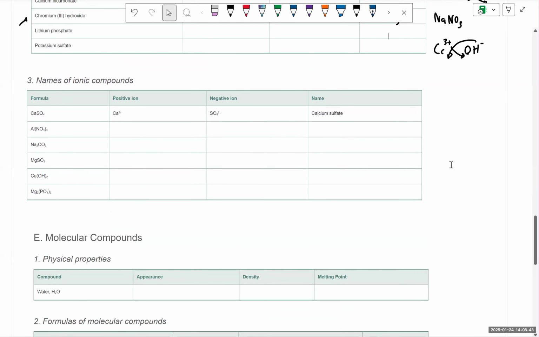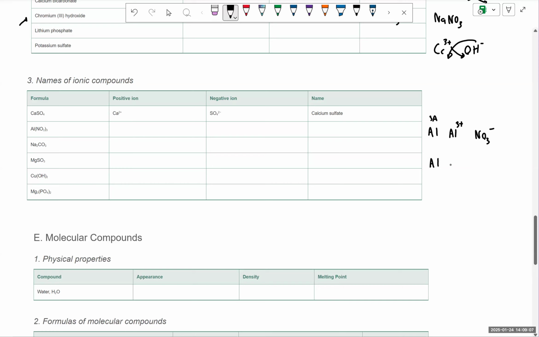Names of ionic compounds. So here we're given the formula. We're asked to write out the cation and anion and then name it. So looking at this first case, we have aluminum. Aluminum is a 3A element, so it prefers to adopt a 3 plus charge. Nitrate is NO3 minus.